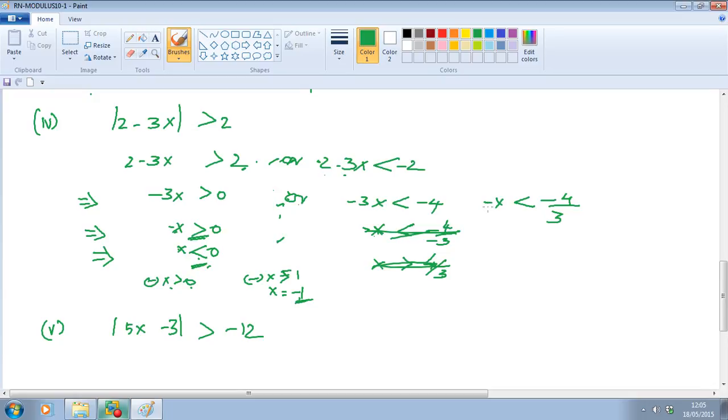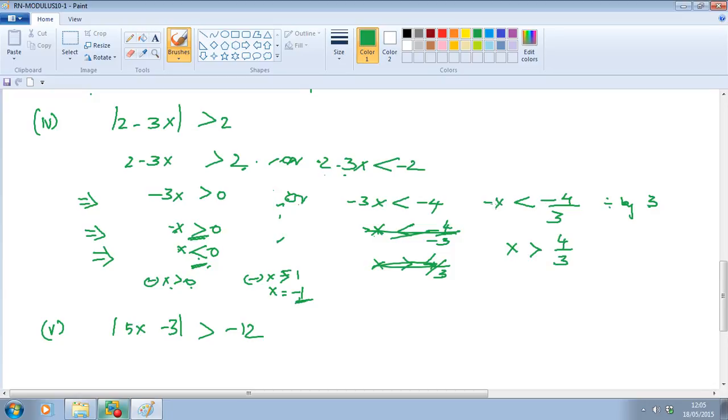Minus x you are keeping, and you are only dividing by 3. In this case, you are dividing by 3. But minus x is less than minus 4 by 3, so x is more than 4 by 3.